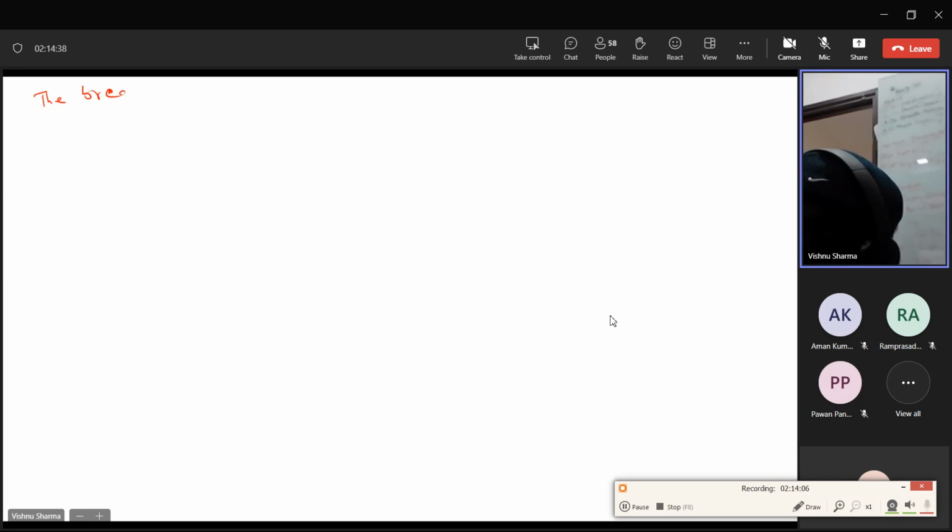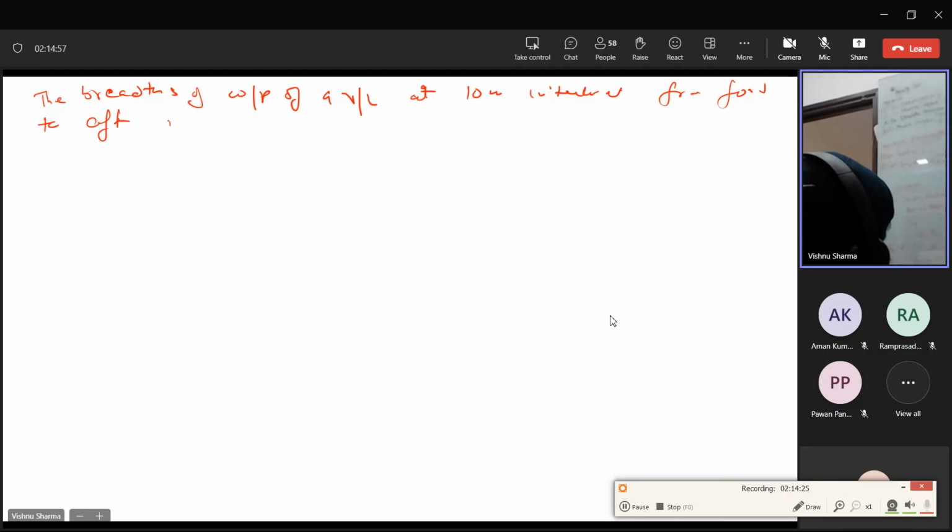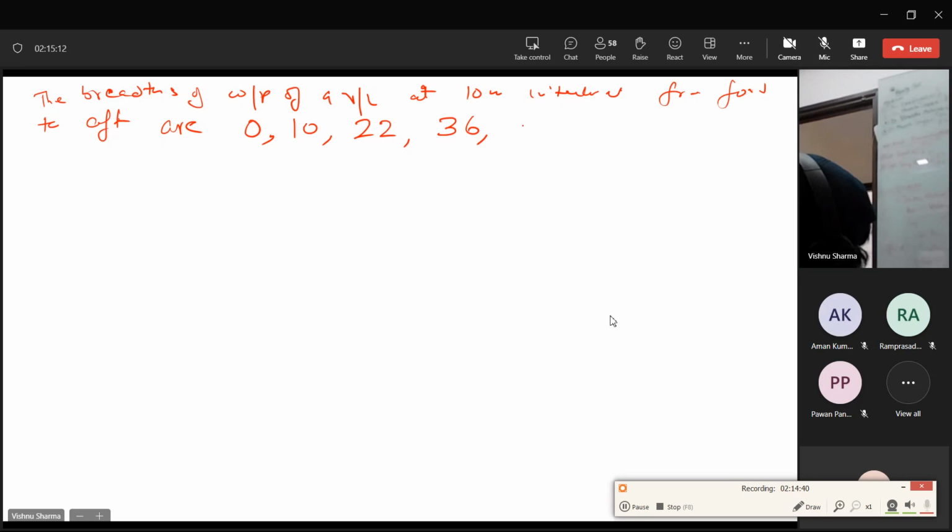The breadth of the water plane of a vessel at 10-meter equispaced intervals from forward to aft are 0, 10, 22, 36, then 24 and 12. 1, 2, 3, 4, 5, 6.